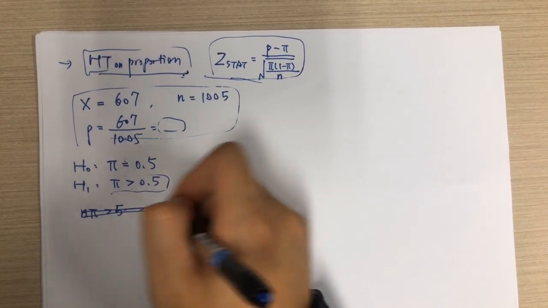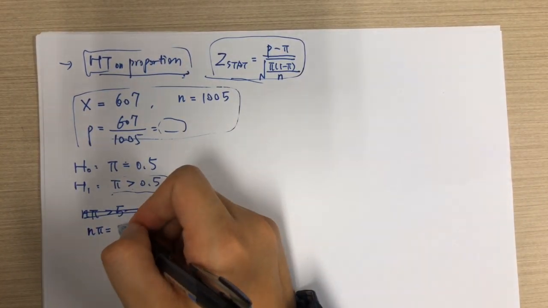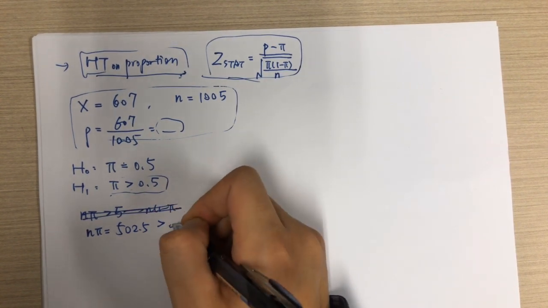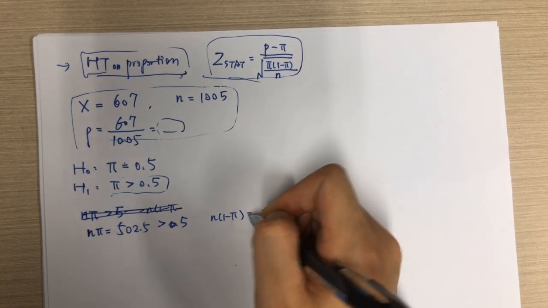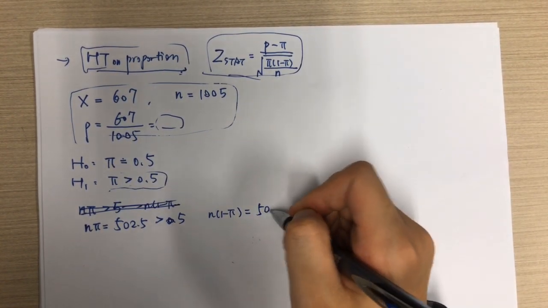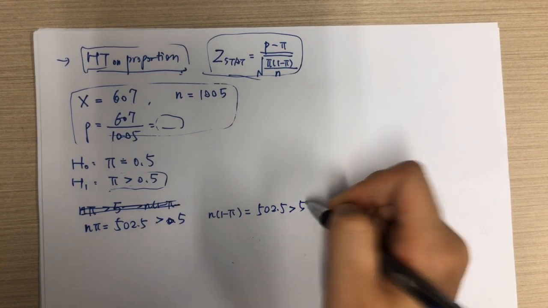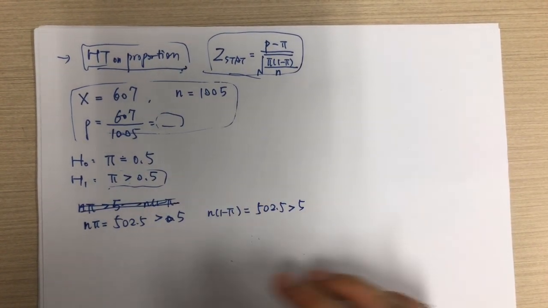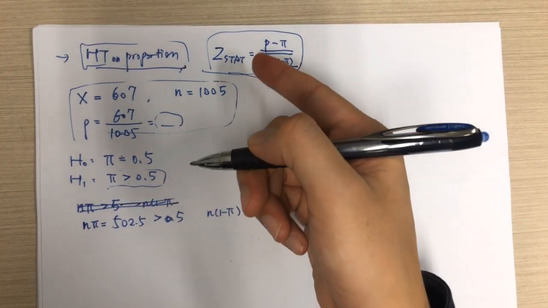So in here, n times pi is equal to 1005 times 0.5. It's 502.5. It's obviously greater than 5, right? And n times 1 minus pi is again 502.5, which is also greater than 5, right? So once those conditions are met, then we are able to use that formula, right?